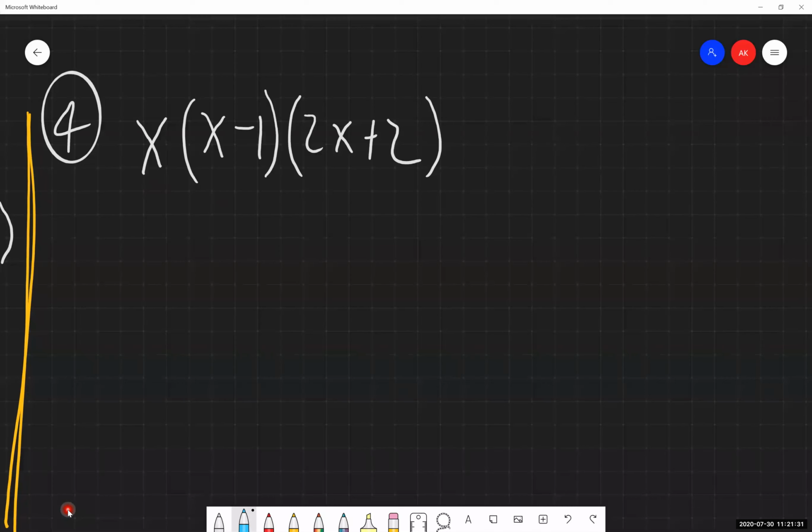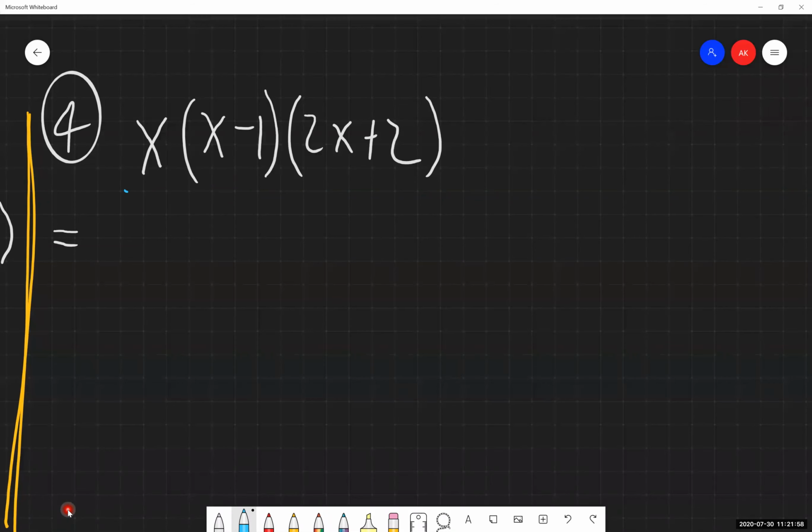So make it abundantly clear to yourself which 2 am I working with, and then just work with those. And while I'm choosing x and x minus 1, you could just as reasonably choose to multiply x minus 1 and 2x plus 2 together. Great, that will work. You just need to pick 2 and move forward with it.